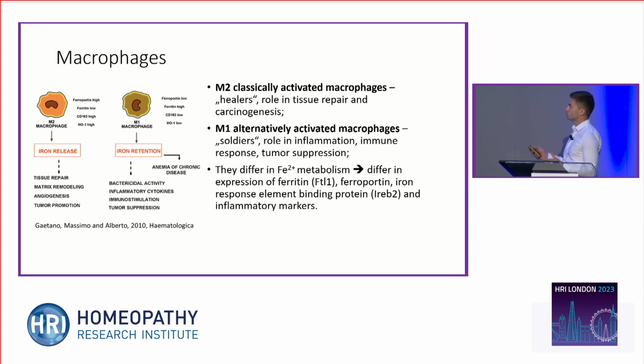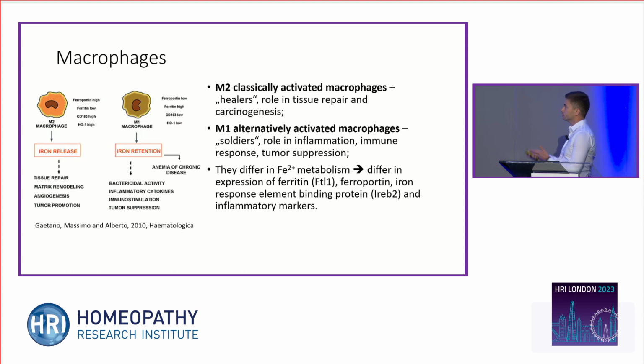They have a major role in tissue recovery and repair after wounds and injuries, and they were also found to have a role in carcinogenesis. But the M1, alternatively activated ones, are the soldiers. They are those that fight against the pathogens as a part of our immune response.